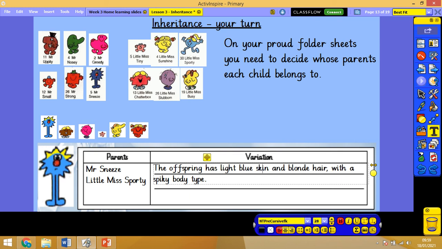The offspring has light blue skin and blonde hair, which has been inherited from his mum, and a spiky body type with tall legs that has been inherited from his dad.